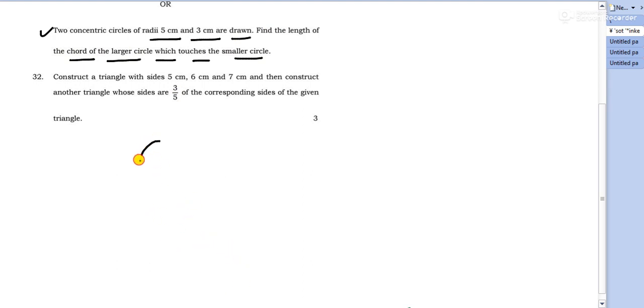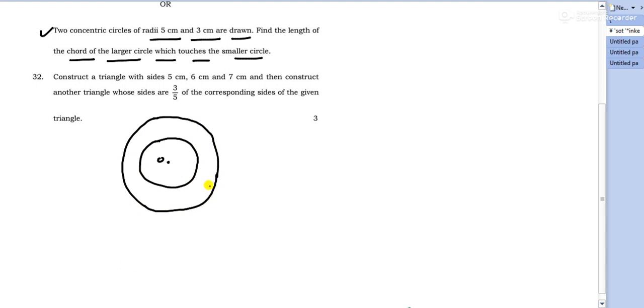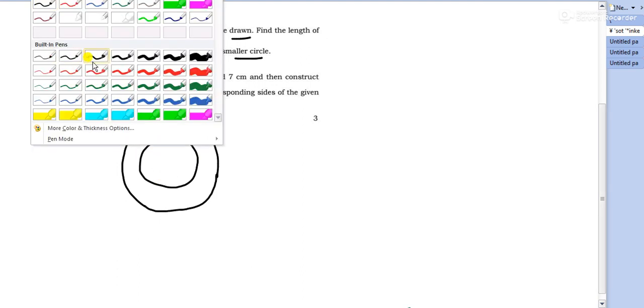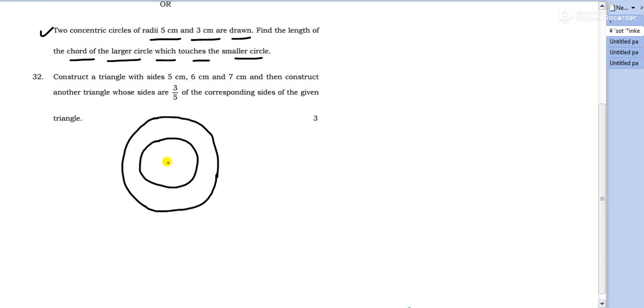If I draw a rough circle over here, imagine this is a circle with center O. There will be another circle with the same center but different radius, correct? Then these two circles are called concentric circles. Understood? So this is the meaning of concentric circles.